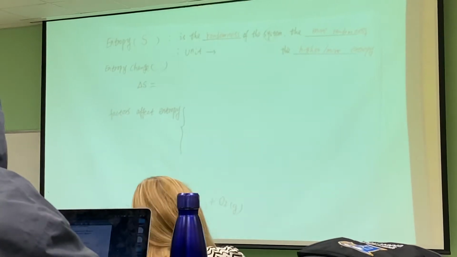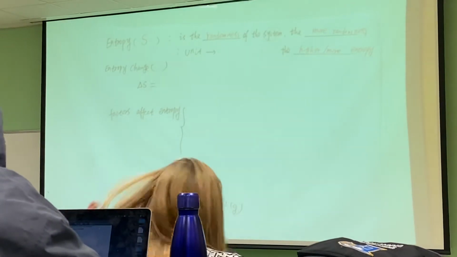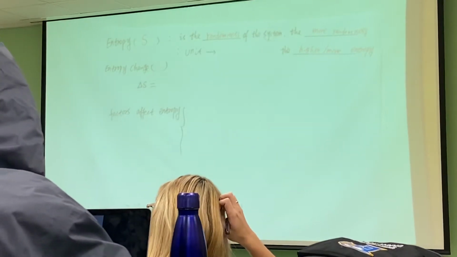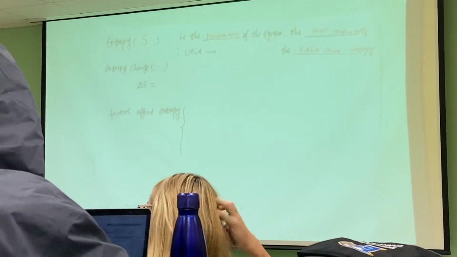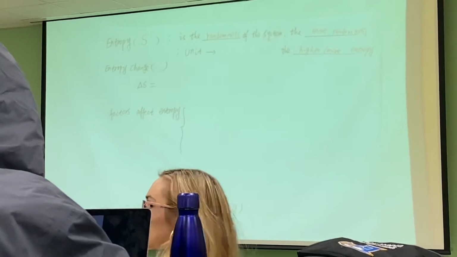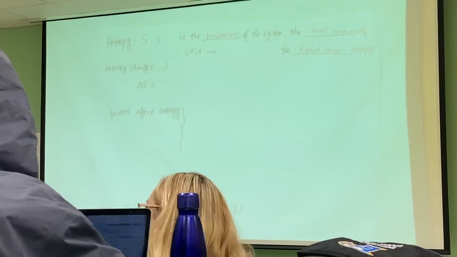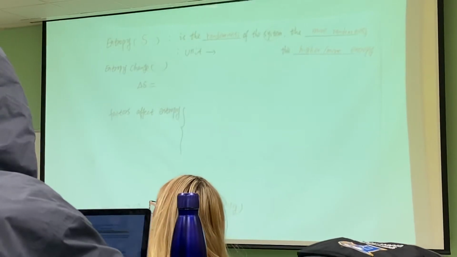So for example, if you have ice compared with liquid water, which one will give you a higher entropy? Liquid water, right? Because we know ice is more organized, and in liquid water the molecules are more random. So how about liquid water compared with gas water? Gas, right?